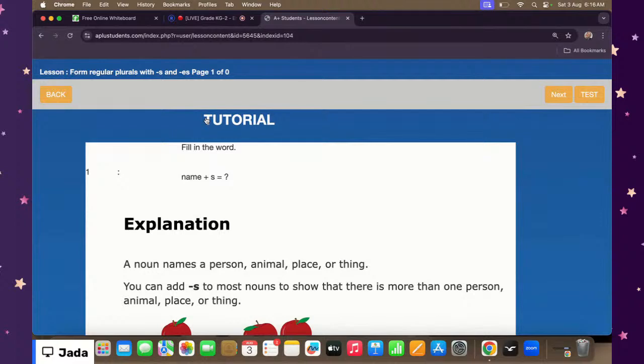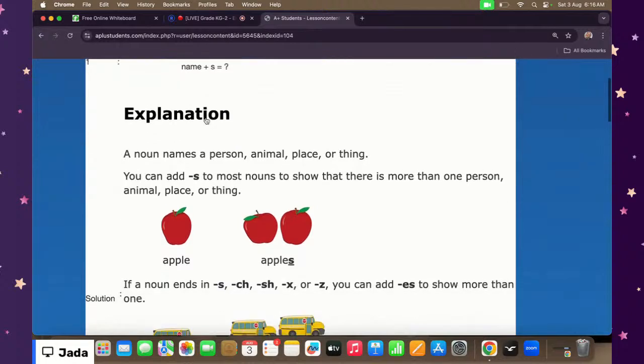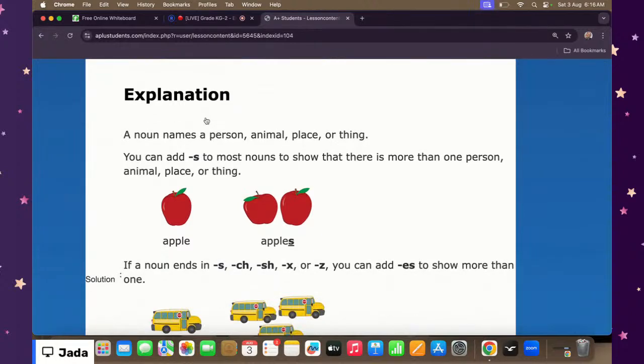This is KG-2 grade 2. Okay? KG-2 grade 2. This lesson is for KG, for grade 1 and grade 2. Okay, so all of this can be for KG to grade 2. Okay, so form the plurals with S or ES, right?